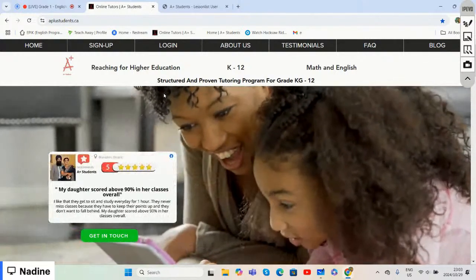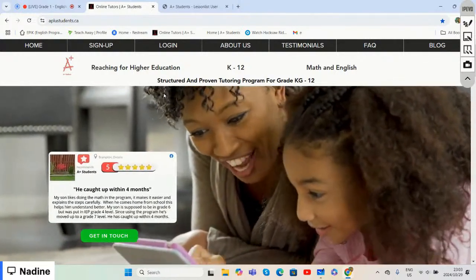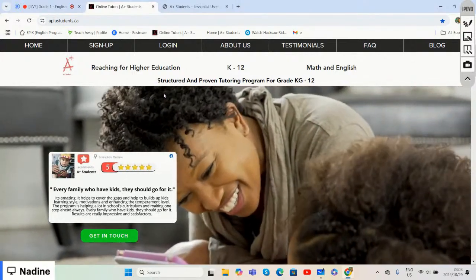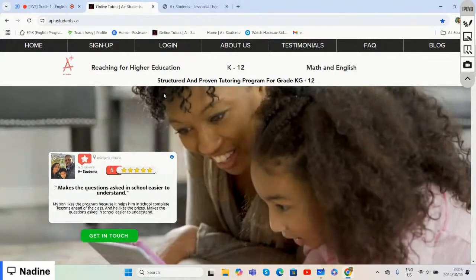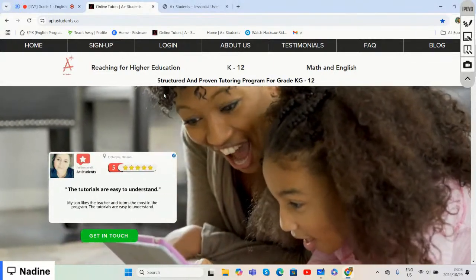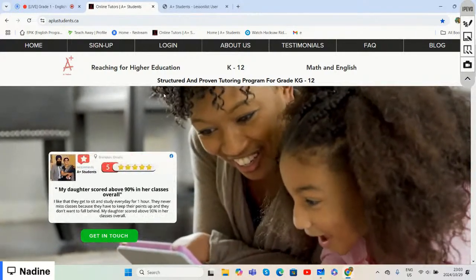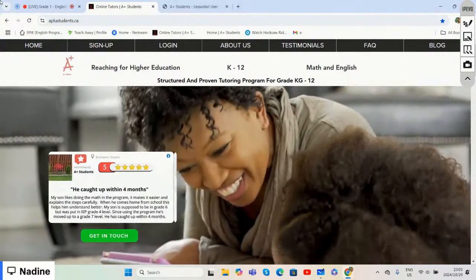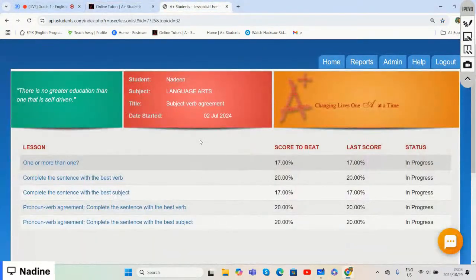Once you've selected grade 1, we're going to scroll down until we get to our chapter of subject verb agreement. This is a continuation of our previous lesson on subject verb agreement.